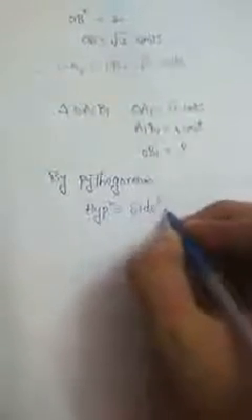So what is that? Hypotenuse square is equal to side square plus side square. So here in the triangle OB1A1, the hypotenuse is OB1, so I'll write here OB1 square equals OA1 square plus A1B1 square.